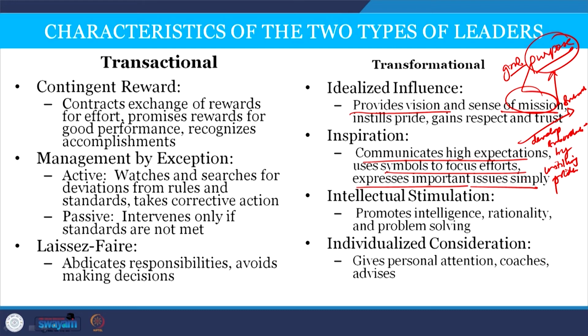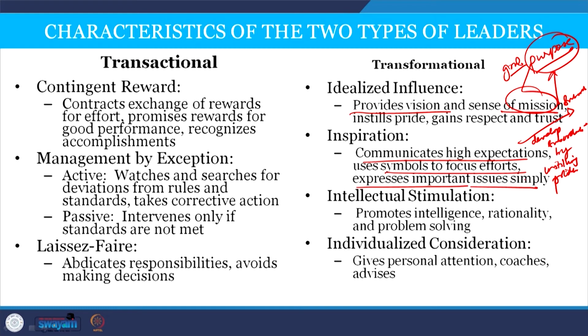He also inspires through his knowledge, power, or expertise, so that subordinates can perform as per the expectations and standards envisioned by the transformational leader. Intellectual stimulation again emphasizes promoting intelligence, creativity, innovation, and problem-solving skills of the subordinates.